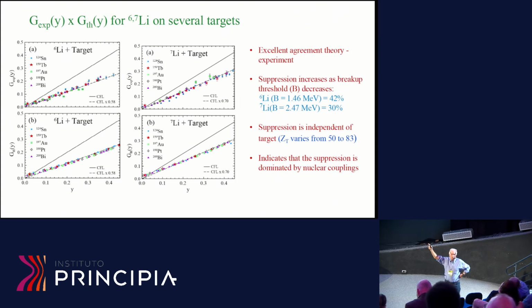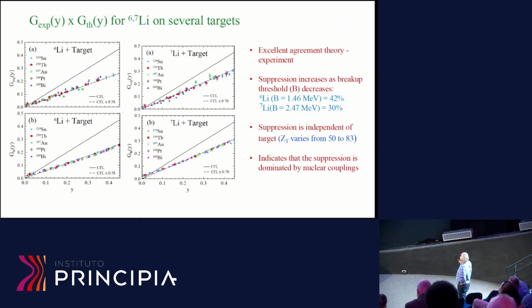That means a suppression of 42%, okay? In the case of lithium-7, which has a larger breakup threshold, the angular coefficient is 0.7. That means the suppression in this case is 30%, okay?